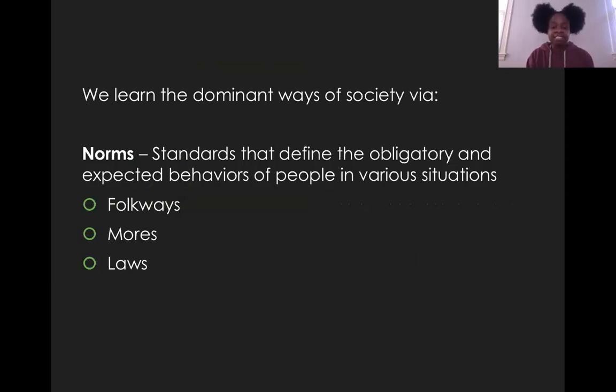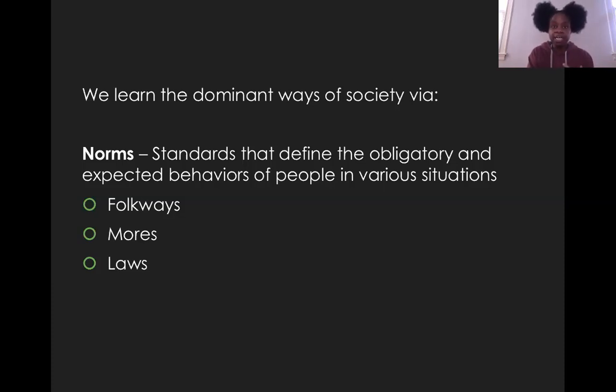Norms are defined as the standards that define the obligations and the expected behaviors of people in various situations. Okay. Later on in this slide, we're going to revisit norms again, and we're specifically going to revisit norms in terms of informal and formal norms. But there are different ways to classify different types of norms.